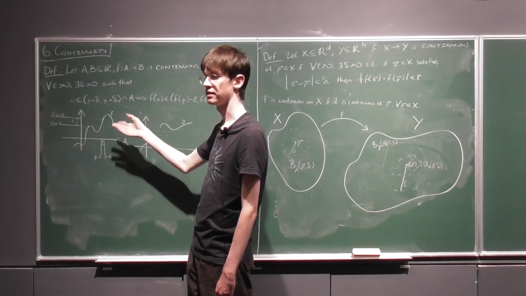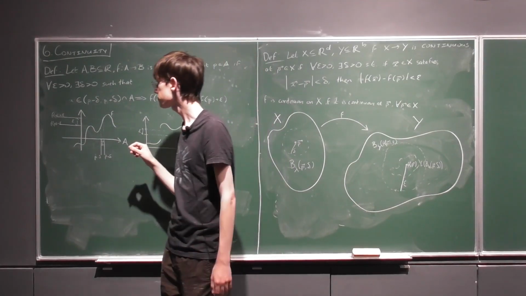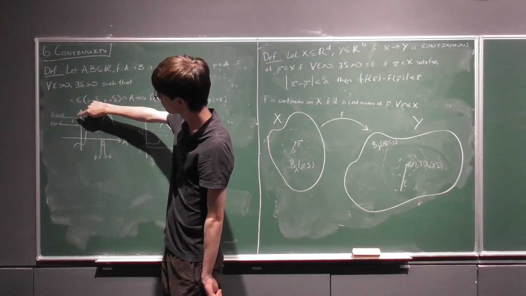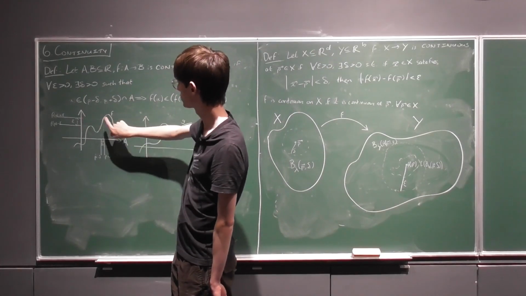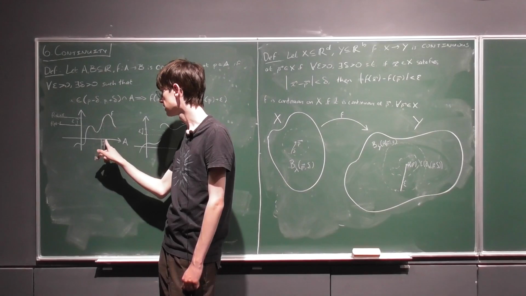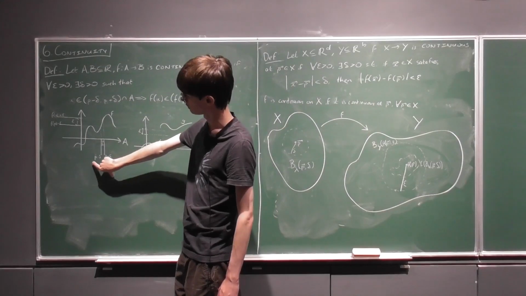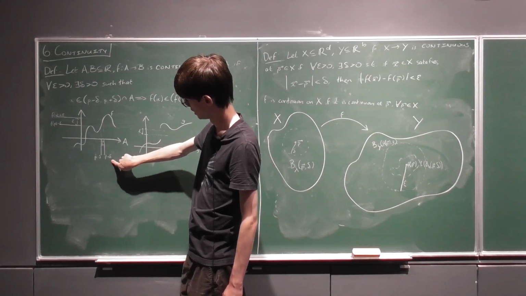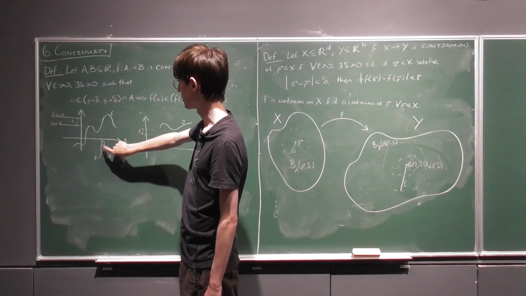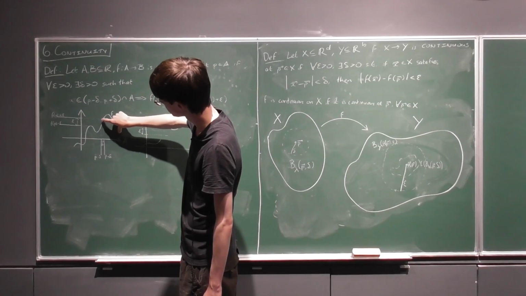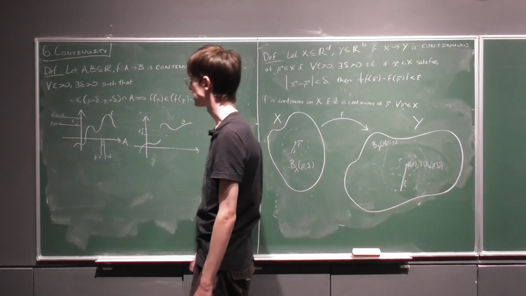If we have just some function f, it's continuous, which it should just look continuous, there just shouldn't be any obvious breaks. We can take epsilon here, and we can draw two lines across and two lines down, and then this should be the delta that we take, because for any x between here and here, so between p minus delta and p plus delta, f of x, that's all these values in there, will lie within f of p plus epsilon and f of p minus epsilon.